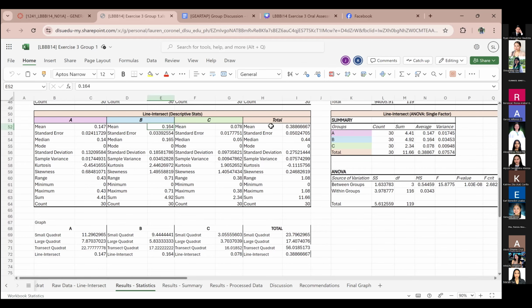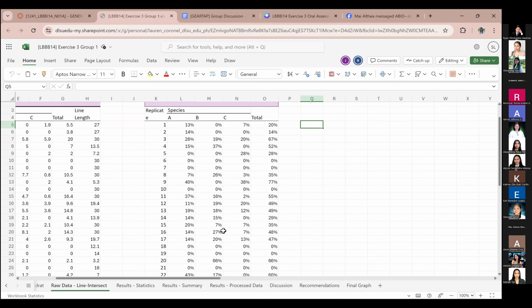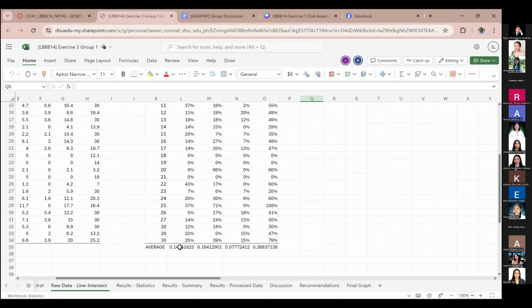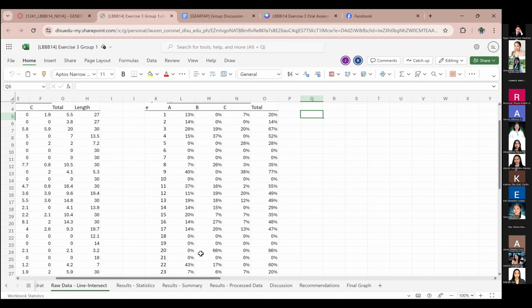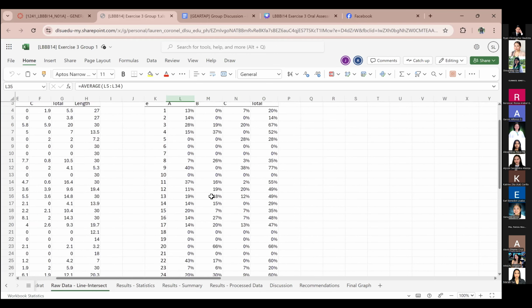So I think there's something wrong with your computations for LIT. You might need to convert it to percentage before doing the descriptive statistics. Hindi ba kayo nagtataka, lahat yan 13, 14, 20, tas biglang naging 0.14 siya? So, hindi nyo na-convert to percentage yung baba.